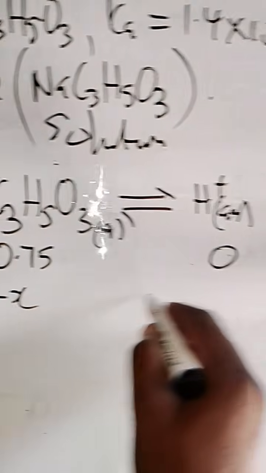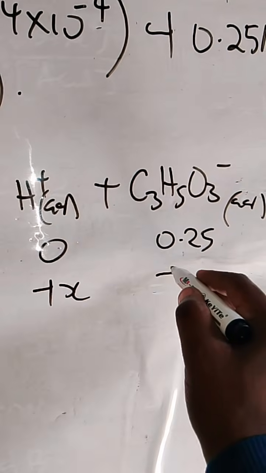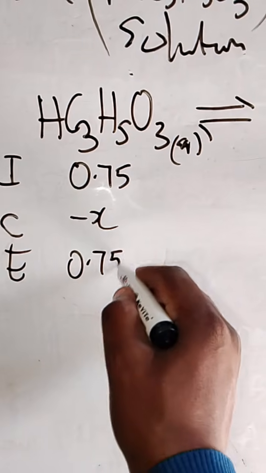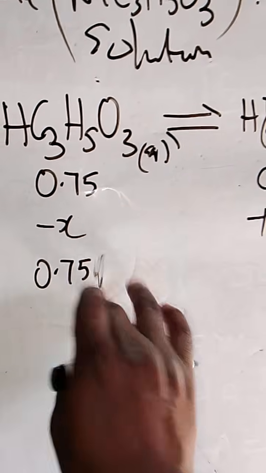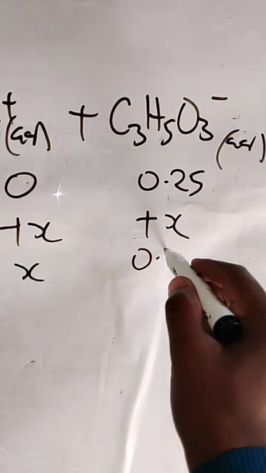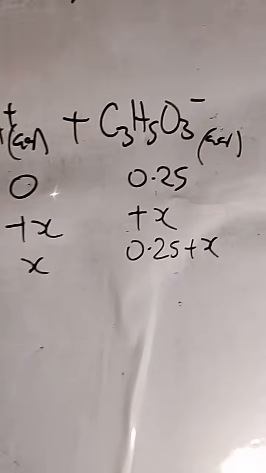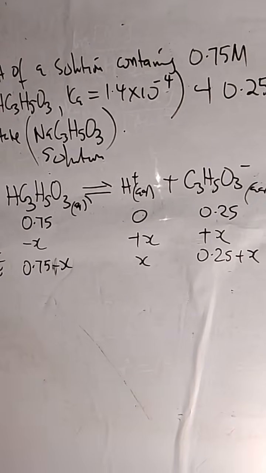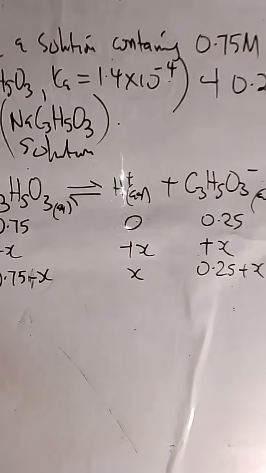So the change is minus X, plus X, plus X. It will give us 0.75 minus X, X, and 0.25 plus X at equilibrium. That is the ICE table. Then we write the Ka expression.